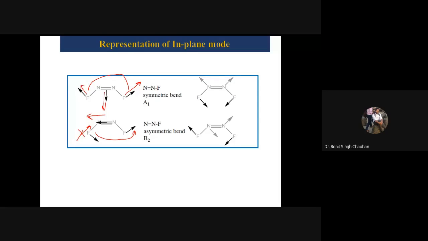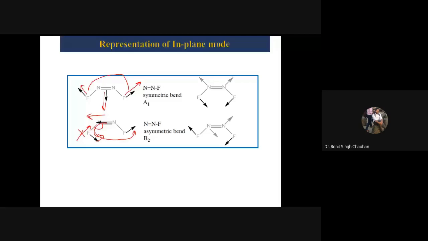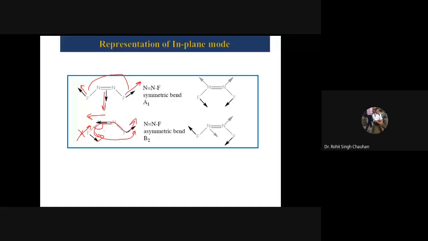Here of course you are talking about angle, so the motion will start this way. This whole molecule is moving in this direction, and if you talk about this way, this whole molecule is moving like this way. So in short, if I write the conclusive vector representation, this is moving in this direction. That's why the NN bond is moving in opposite directions.